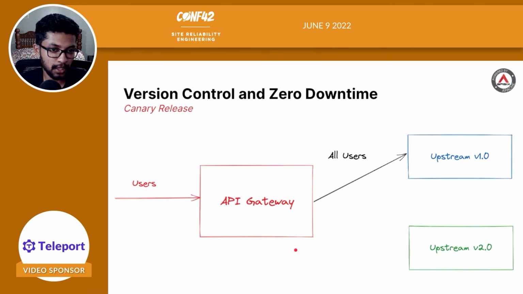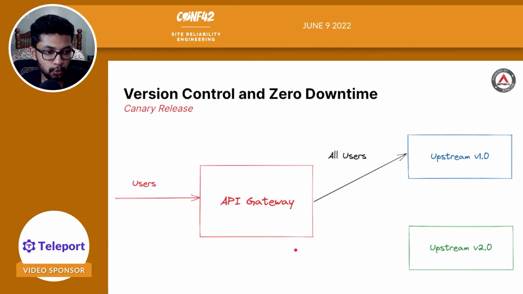You don't want to have to roll back to the previous version when something fails. You have to ensure that it will work. Initially, we will get all traffic to our API gateway, and it will direct all traffic to the initial version of our upstream. That is how it will function normally.